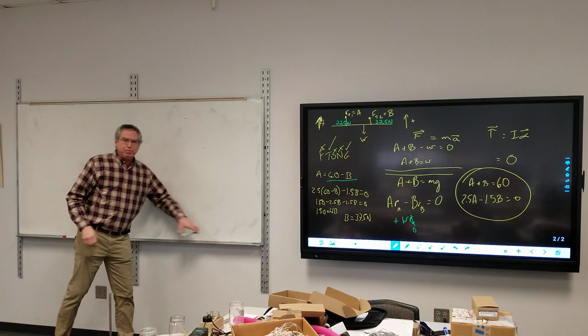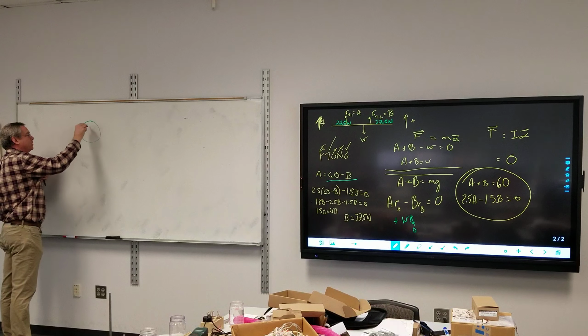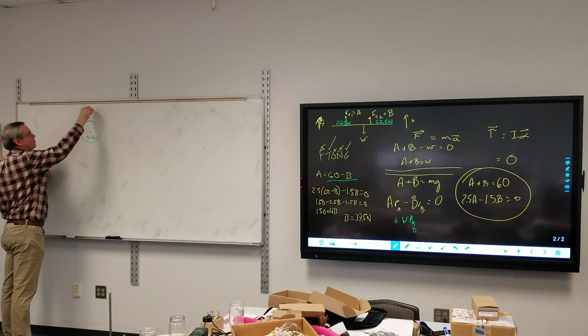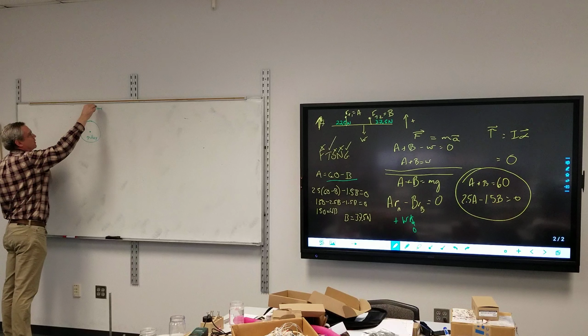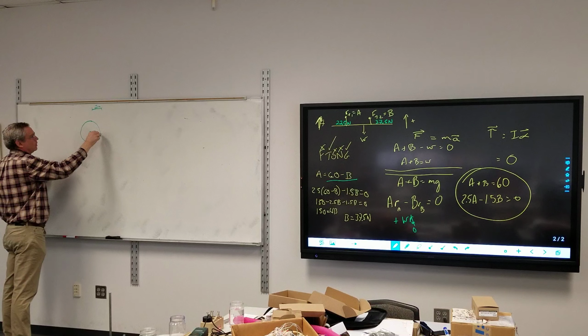I have a pulley, which I'll represent as a disc. Radius of the pulley, we'll make it huge, 2 meters, about my height, a little bit more. I have a rope.